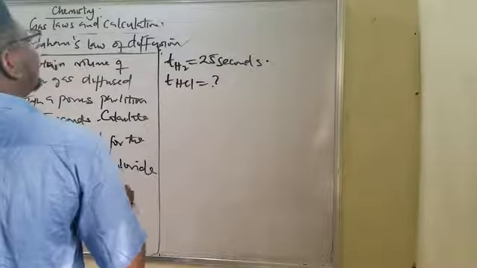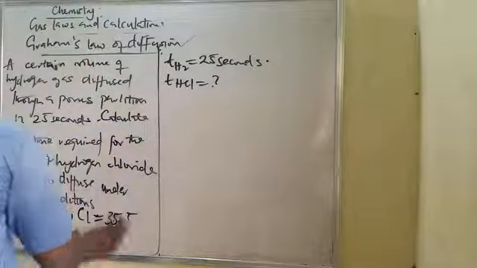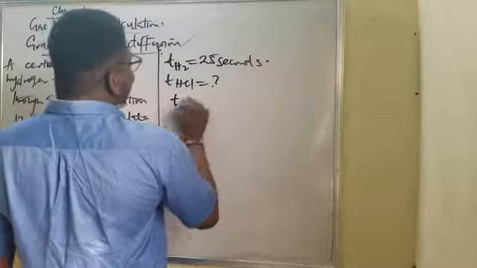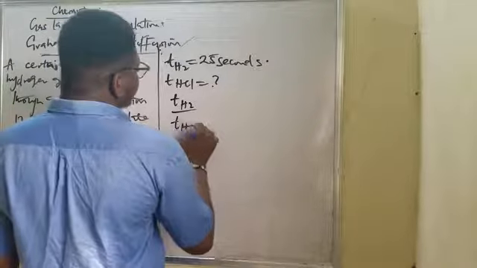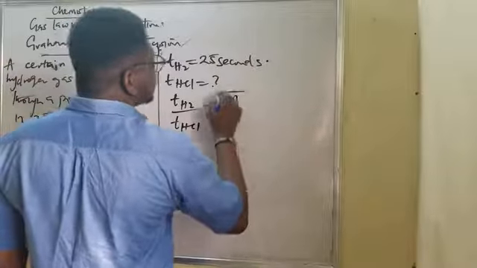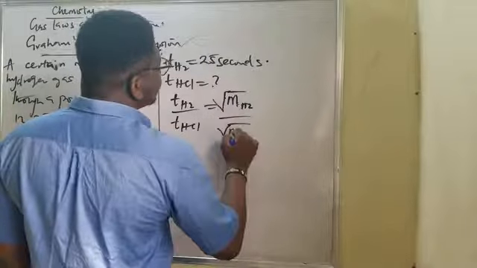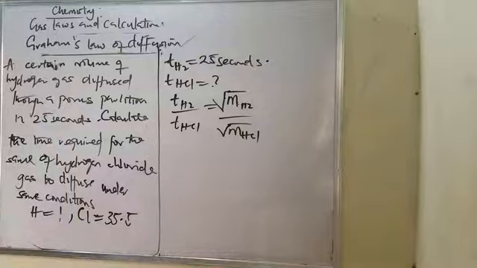But since I've been given the atomic masses, the best formula for me to use is the time with the molar mass, which is T of hydrogen over T of HCl equals the square root of the relative molecular mass of hydrogen over the relative molecular mass of HCl. I want to believe we are right on that.